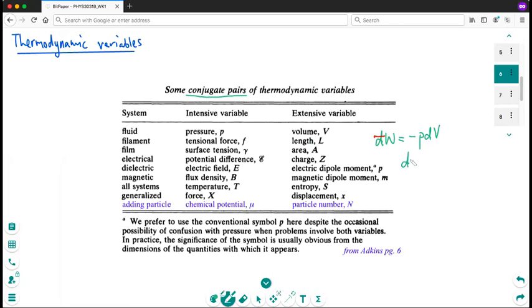One day I can decide to talk about a filament, wire, or a film, and in that case, I can write a work term which is similar to this, with some appropriate sign convention. That is why you shouldn't underestimate the power of looking at this piston cylinder system and enclosing a volume of gas particles or liquid particles, because that is so general, that is something you can imagine quite well.